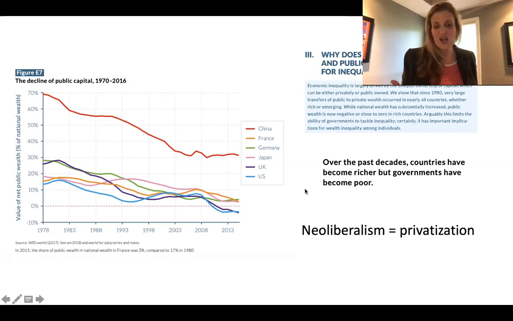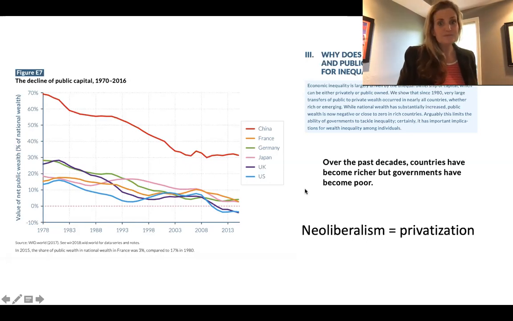So governments own less of the country's wealth than they did before. And if countries own less of the wealth, then they have fewer resources to fund things like healthcare, education, Medicare, Medicaid, unemployment insurance, right?